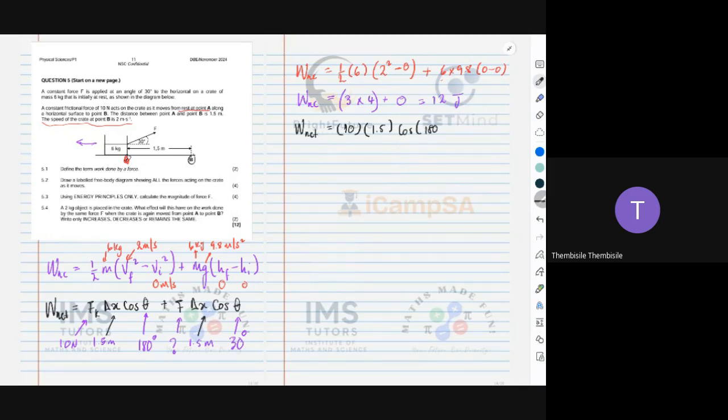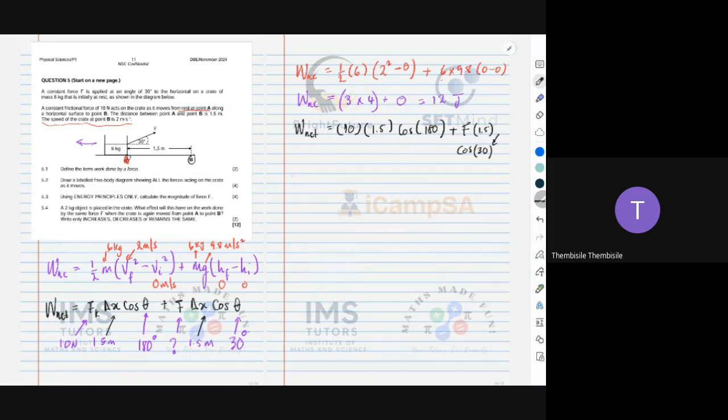So just like I said, if you put negative here, don't put 180 here, because it's gonna be two negatives and then it's gonna become positive and it's gonna give you a wrong answer. So then we carry on. This is 1.5. Then this one here, cos 30, right?